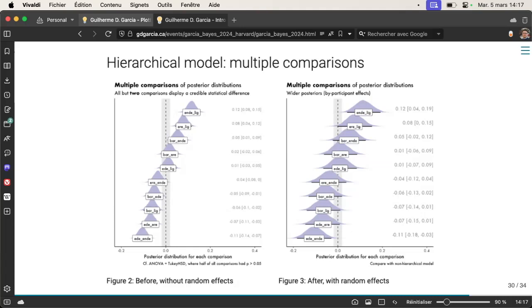Unlike confidence intervals, where it doesn't matter where 0 is in the interval, if it's in the interval, it has to be this binary decision. Whereas here, you look at where 0 is in that distribution. But this requires a lot of understanding from reviewers too, because depending on the reviewer, they'll say, oh no, but what is a good location for 0?